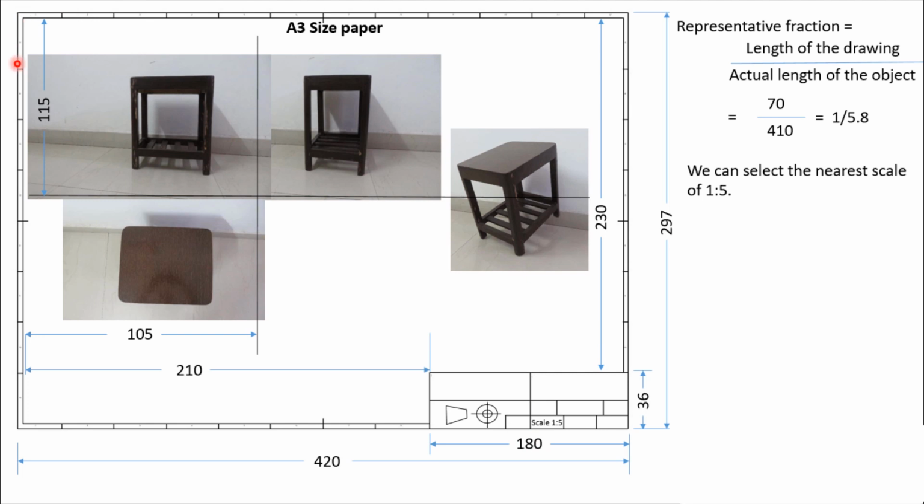So on this drawing sheet, which is A3 size paper, I will draw this stool, the front view, the top view, the side view, and also the isometric view using 1:5 scale, and we will see how it looks on this drawing sheet. So 1:5 means all the dimensions will be divided by 5, and that will be the dimension that we will use on the drawing sheet.